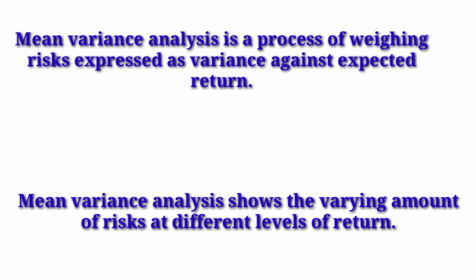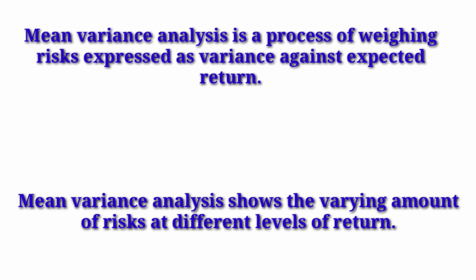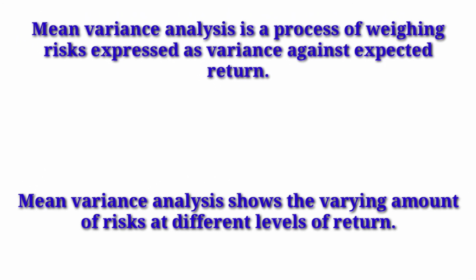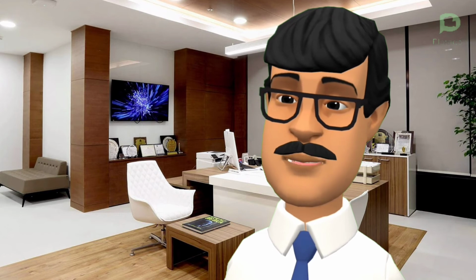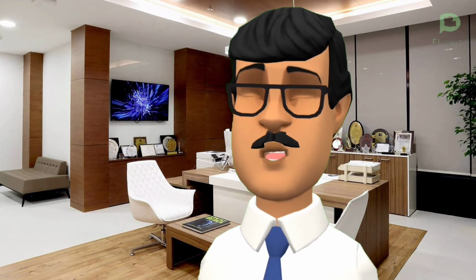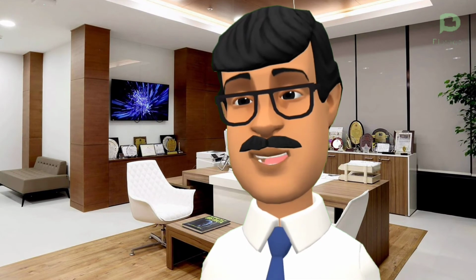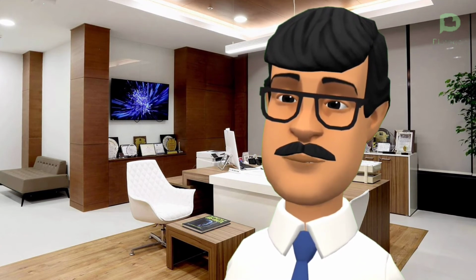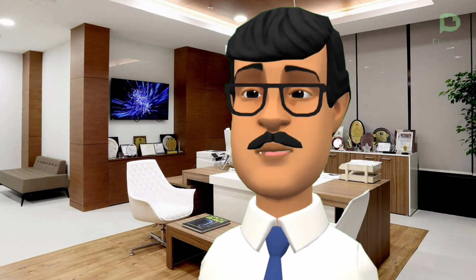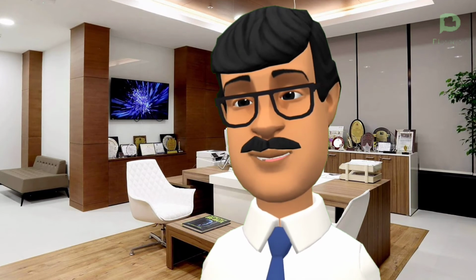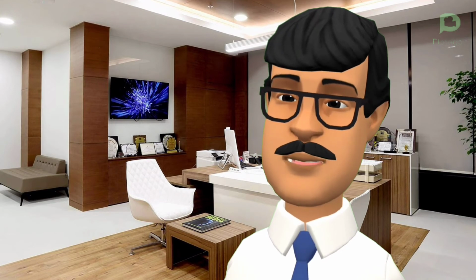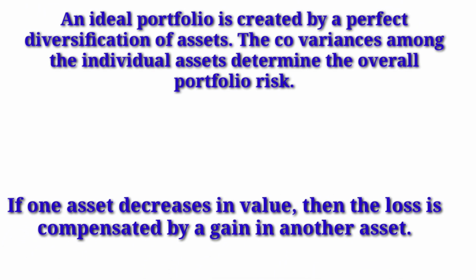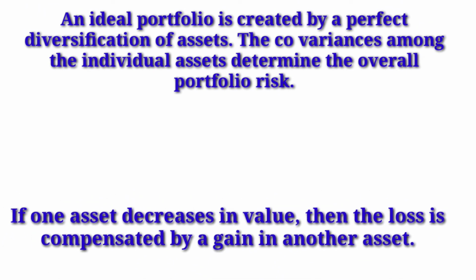In an ideal portfolio created by a perfect diversification of assets, the covariances among the individual assets determine the overall portfolio risk. A portfolio can be created by incorporating diversified assets such as stocks, bonds, mutual funds, etc., which when combined come with varying levels of risk.